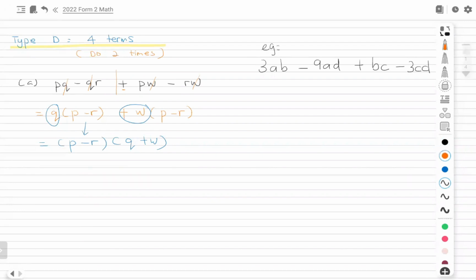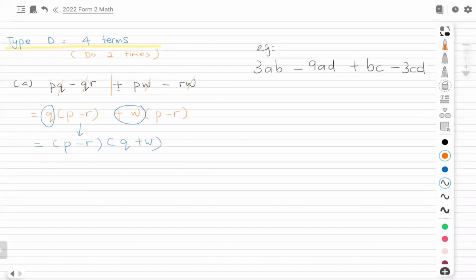Try this. Split into half, do the first common factor first. First factorization first.